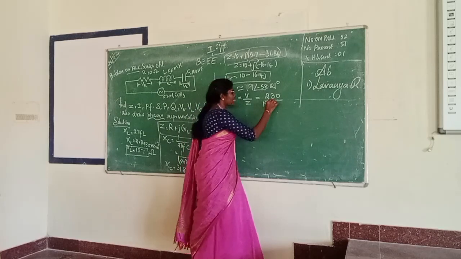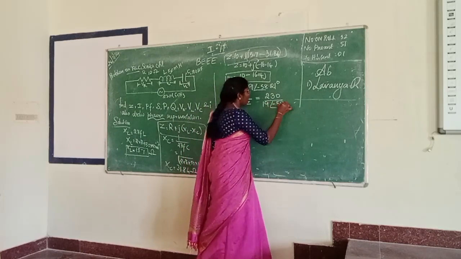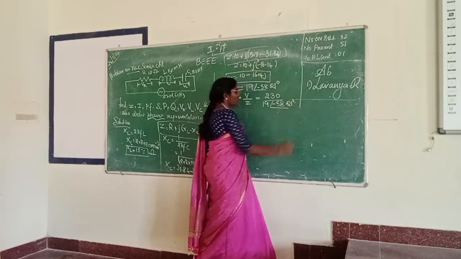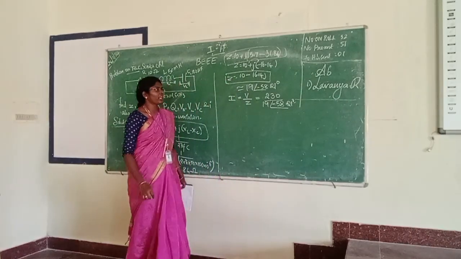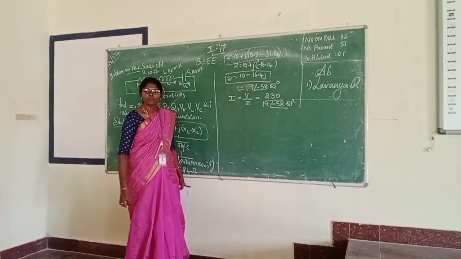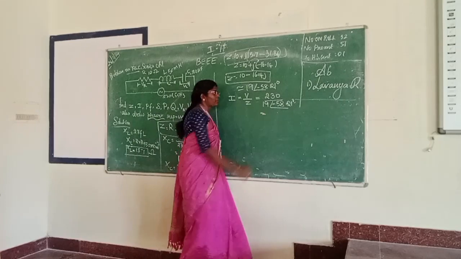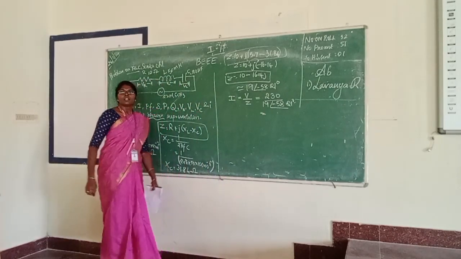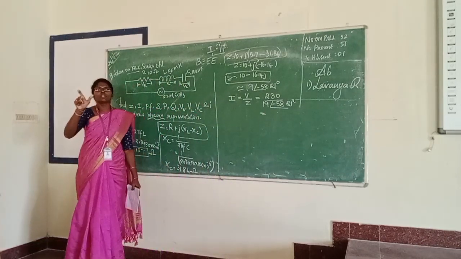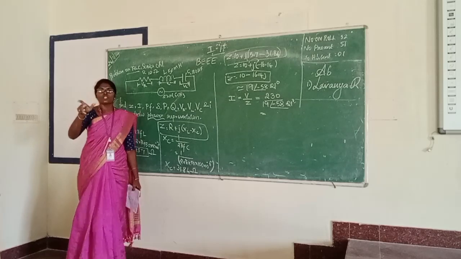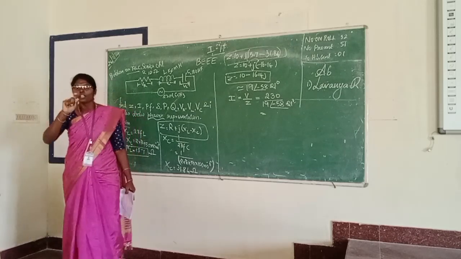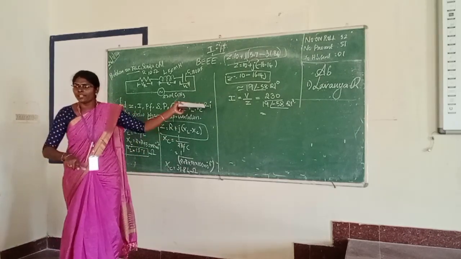Substituting the angle, that is 19 angle of minus 58.21 degree. Okay, and now divide and tell me the answer. Just don't change your calculator. You have to find the value of the result, right?